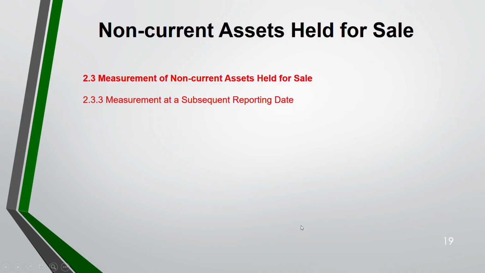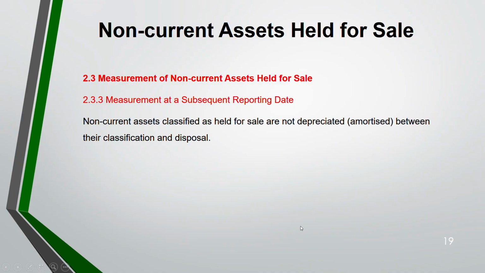Now, measurement at subsequent reporting date. Under all the other standards, whether intangible, investment property or PPE, you had a choice between the cost model and the fair value model. In IFRS 5, your non-current assets held for sale will not be depreciated because it is no longer a non-current asset.